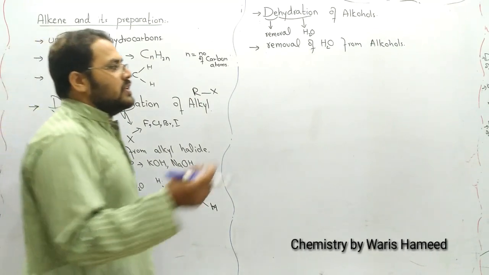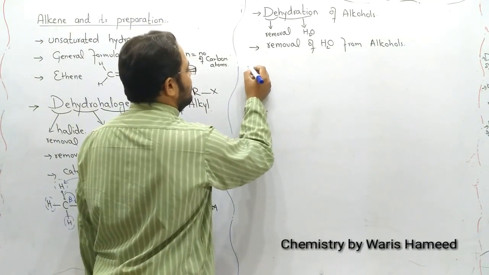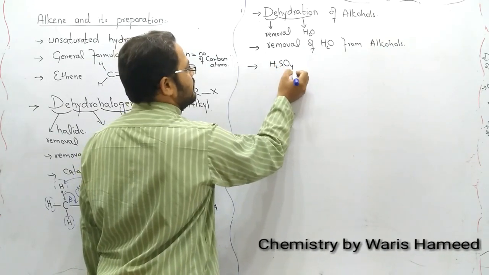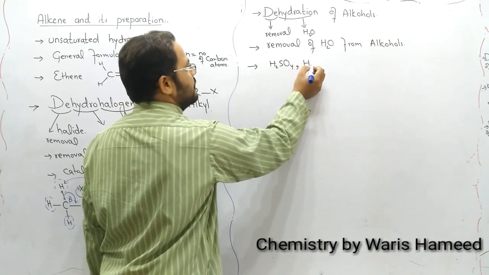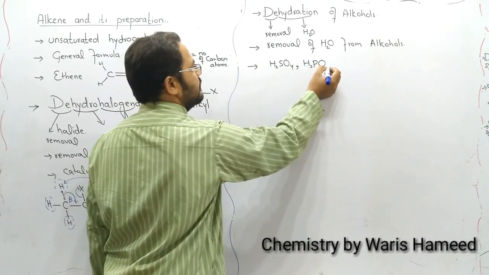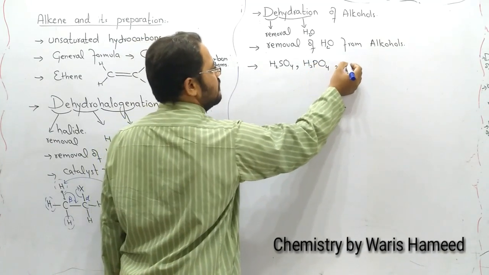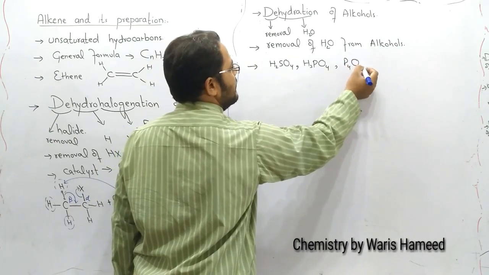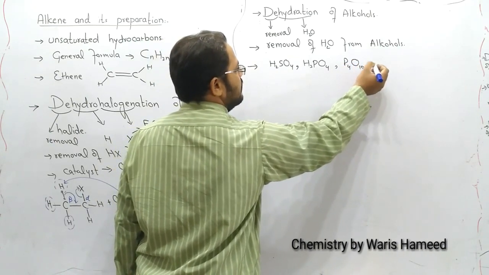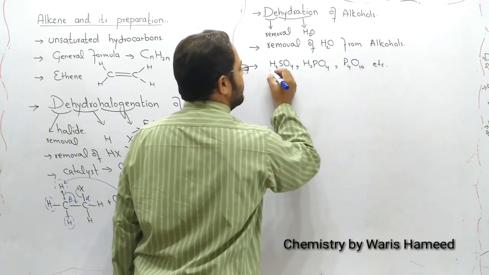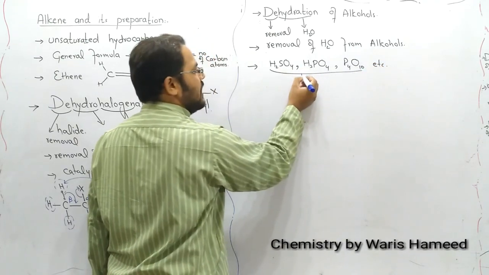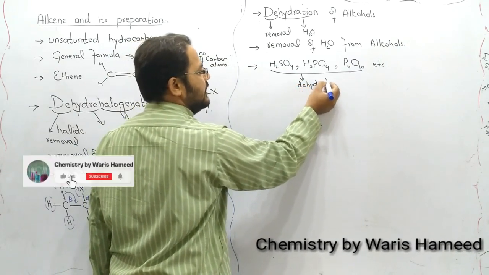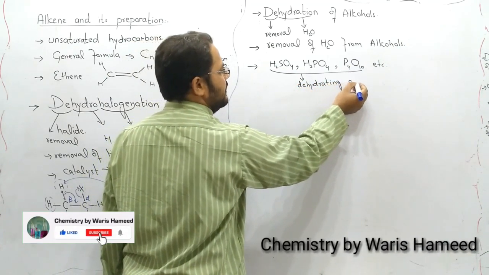We use in this process sulfuric acid, phosphoric acid, phosphorus oxide, etc. Any of them can be used as a dehydrating agent.